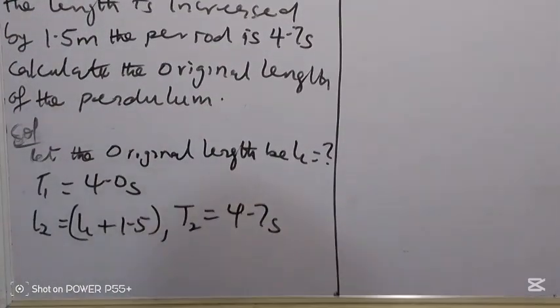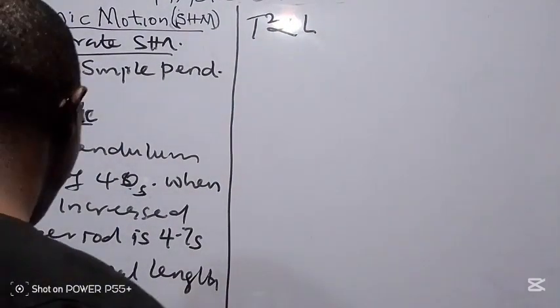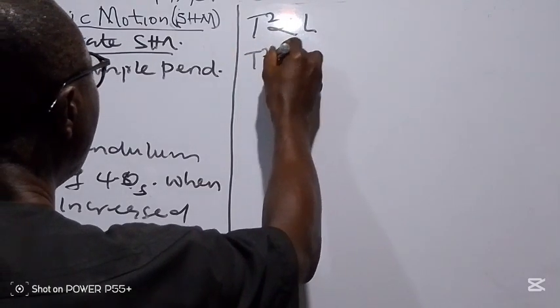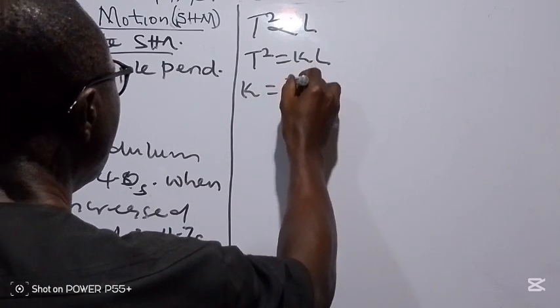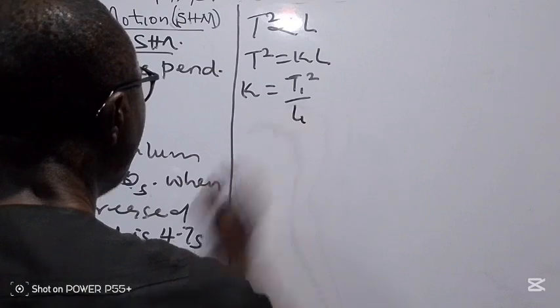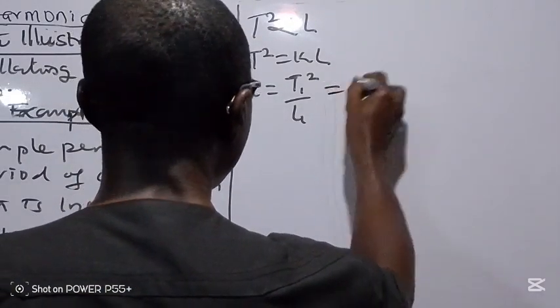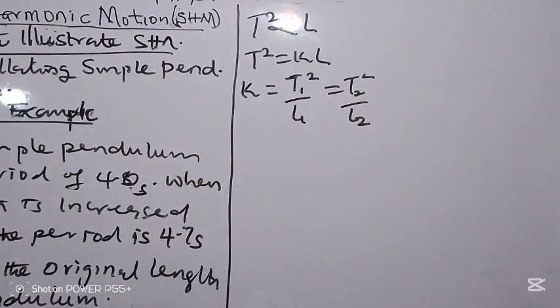Now, from our relation, T squared is proportional to L, so we can have T squared equal to KL, K being a constant, equal to T1 squared over L1, which is the original length that we need to calculate, which is equal to T2 squared over L2. Don't forget our L2 is L1 plus 1.5.